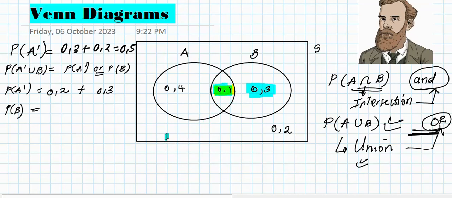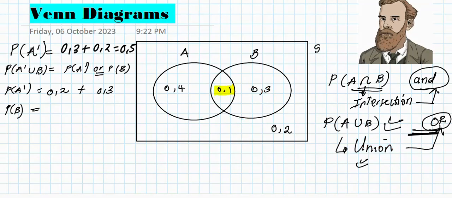It has something to do with B. Because I'm working with the union, even if this intersection has something to do with A, I'm going to count it, as long as it has something to do with B. So I'm going to count the union because it has something to do with B, even though I'm looking for something that has nothing to do with A. So now let's move on.